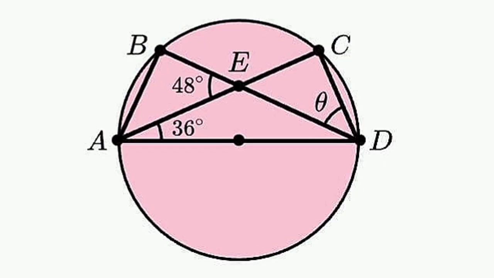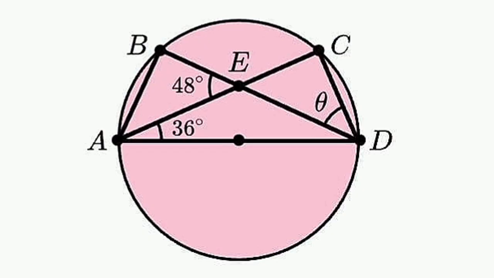In solving circle theorems, you have to have a basic knowledge of angles. If you remember from angles, you will see that the 48 degrees in triangle ABE is vertically opposite to the angle E in triangle CED. Vertically opposite angles are equal. So the 48 that you're seeing in this diagram should also be on the other side. That is like an X. The E to the left is 48.